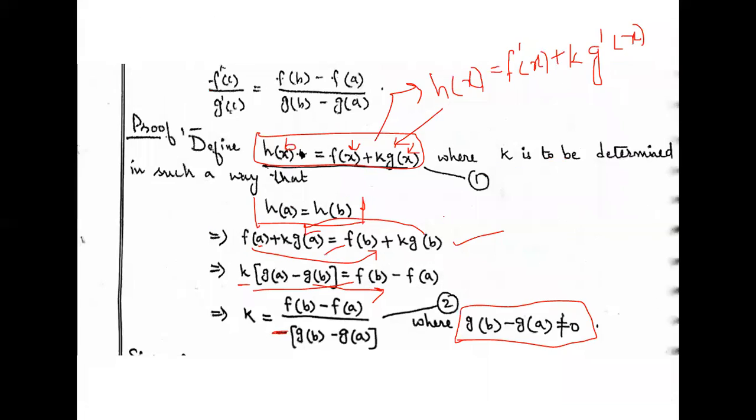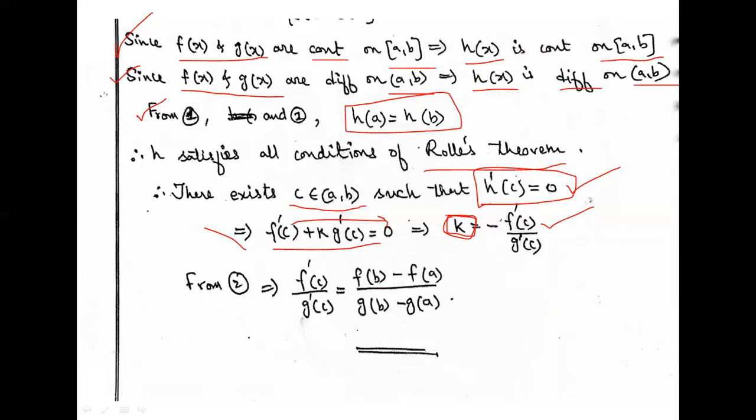What was the value of k? k was nothing but f of b minus f of a by g of b minus g of a. Understood? Now, we had one negative sign over here and one negative sign over here. These two negative signs get cancelled and we'll get the final equation as this. f dash of c by g dash of c is equal to f of b minus f of a by g of b minus g of a.